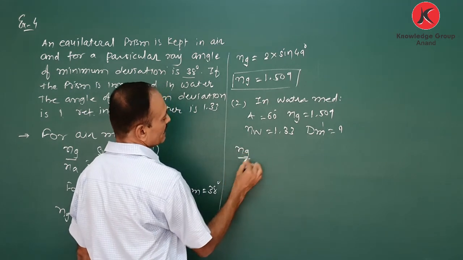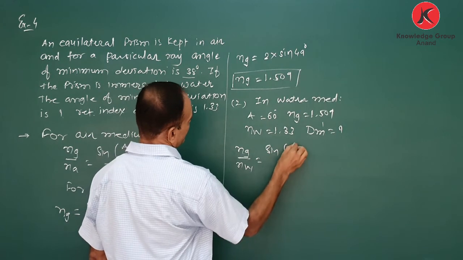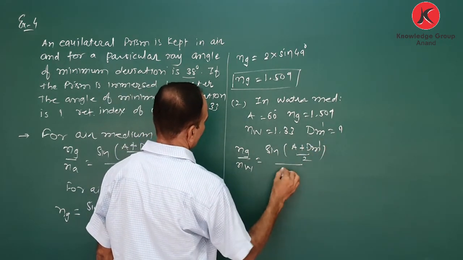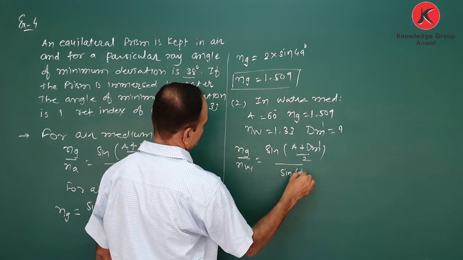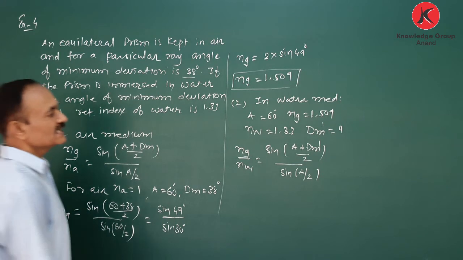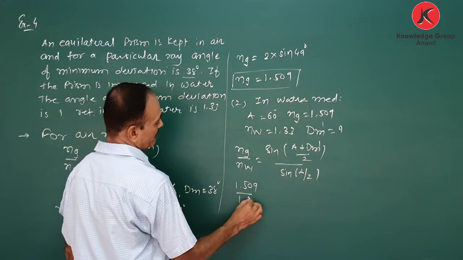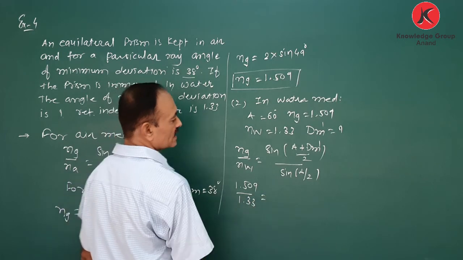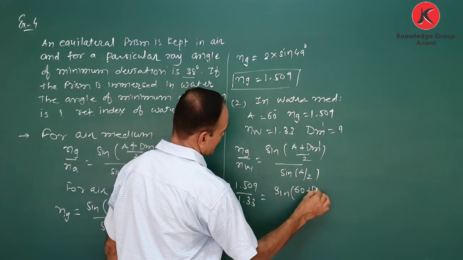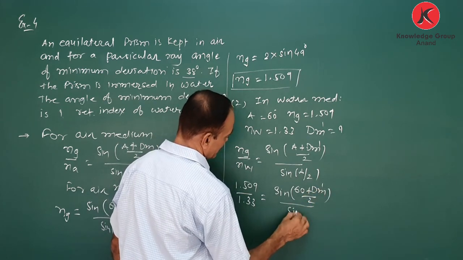Therefore, Ng upon Nw is equal to sin (A plus dm dash) by 2 upon sin A by 2. Now Ng is given, 1.509 divided by 1.33 is equal to sin (60 plus dm dash) by 2 upon sin 30.